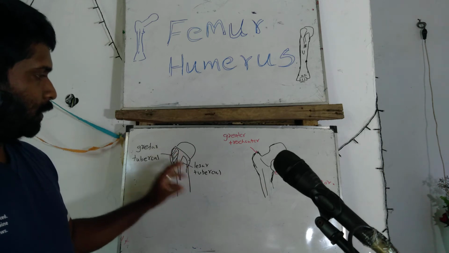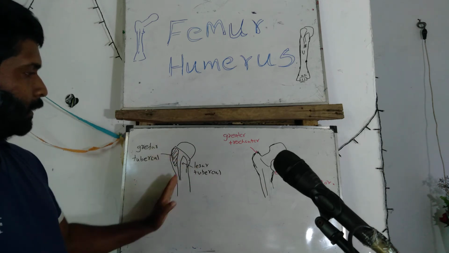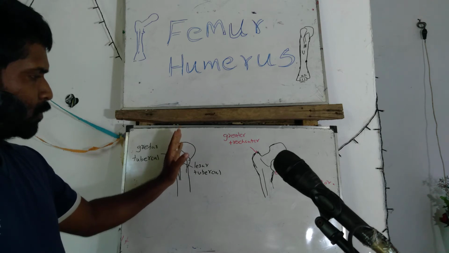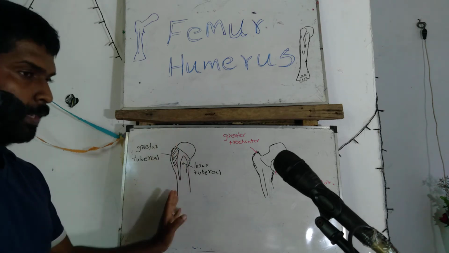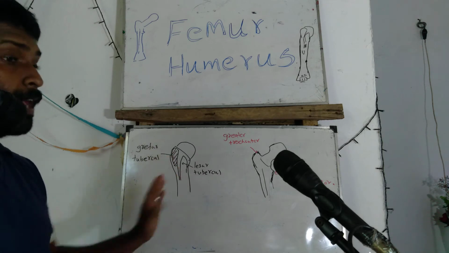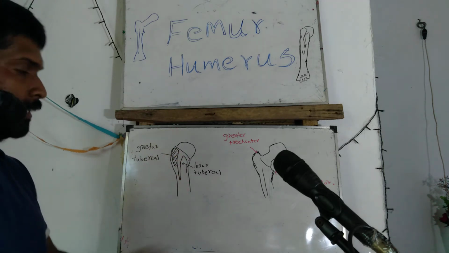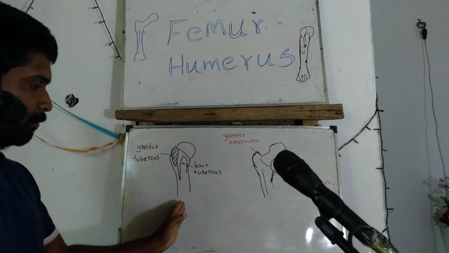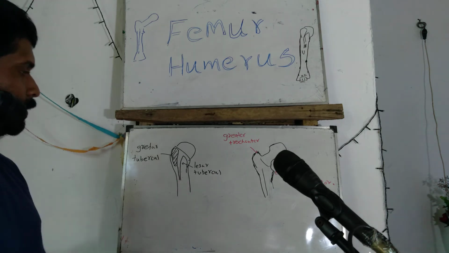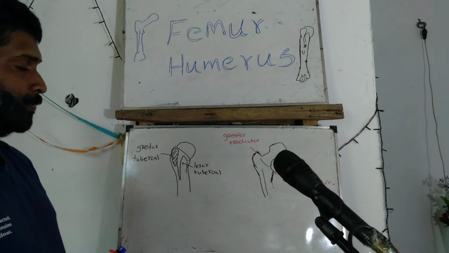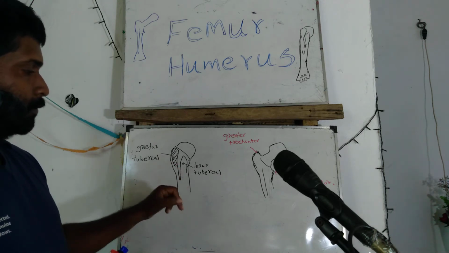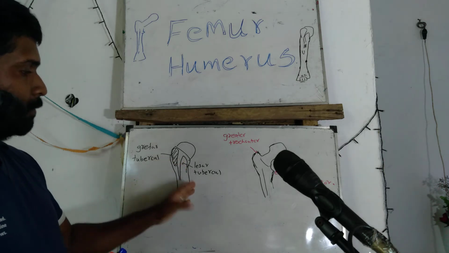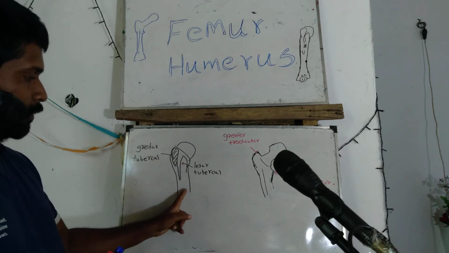Now, between the two tubercles, there is a fossa-like, groove-like area. It is called the sulcus. The sulcus goes downward. Consider this groove.